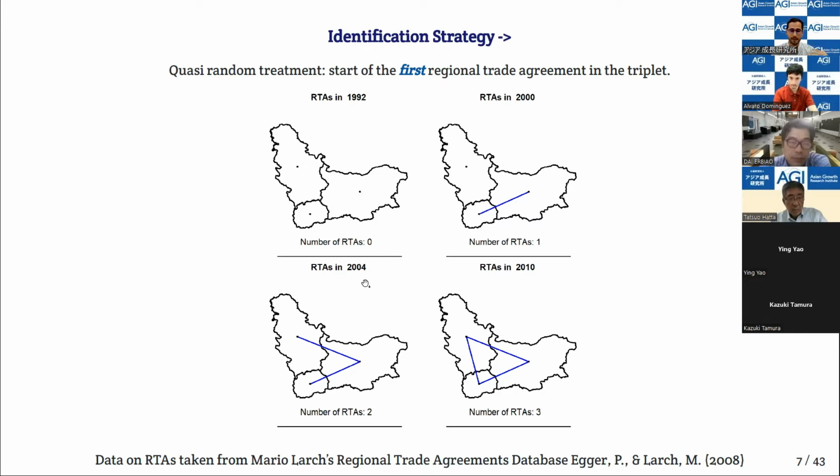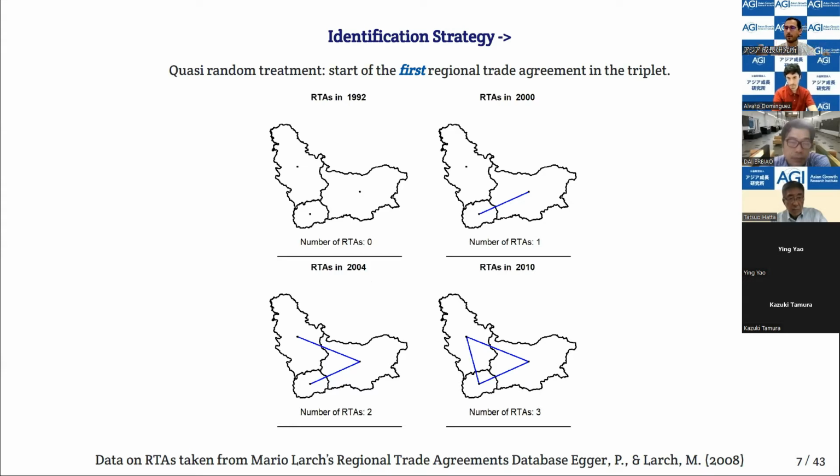Now we're going to use a very nice data set by Mario Larch, who is a professor in Germany, and he has this huge database where you can find all the trade agreements throughout the last 30 years, about 1990. And we have information on more details of the trade agreements, but for now, the project is just considering if there is 1 trade agreement.